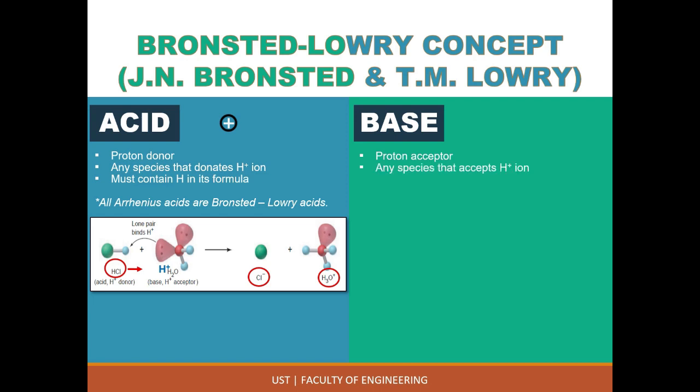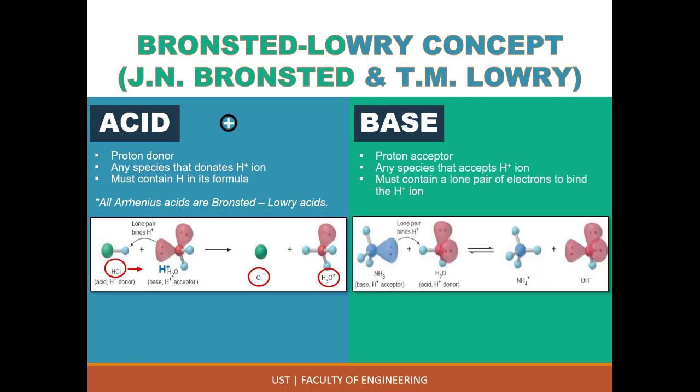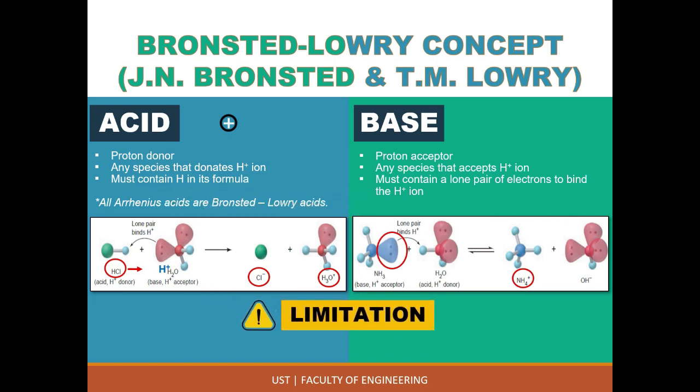Just like in this example, it must contain a lone pair or non-bonding electrons to bind the H+ ion, forming NH4+. This model, however, is limited to protic species, which are molecules with hydrogen atoms that can be lost as protons. But there are aprotic species that also display acidity and basicity.